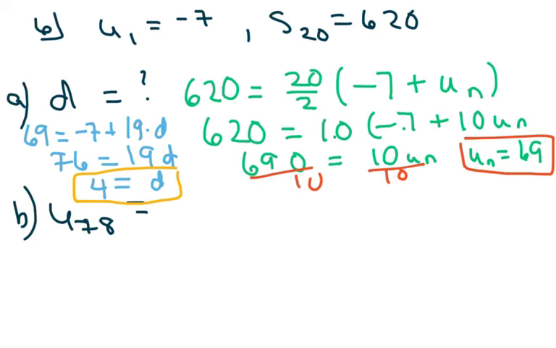Now we have to find a sub 78. So a sub 78 equals my first term plus n minus 1 times d. Here n is 20, so it's 20 minus 1, which is 19, times 4.